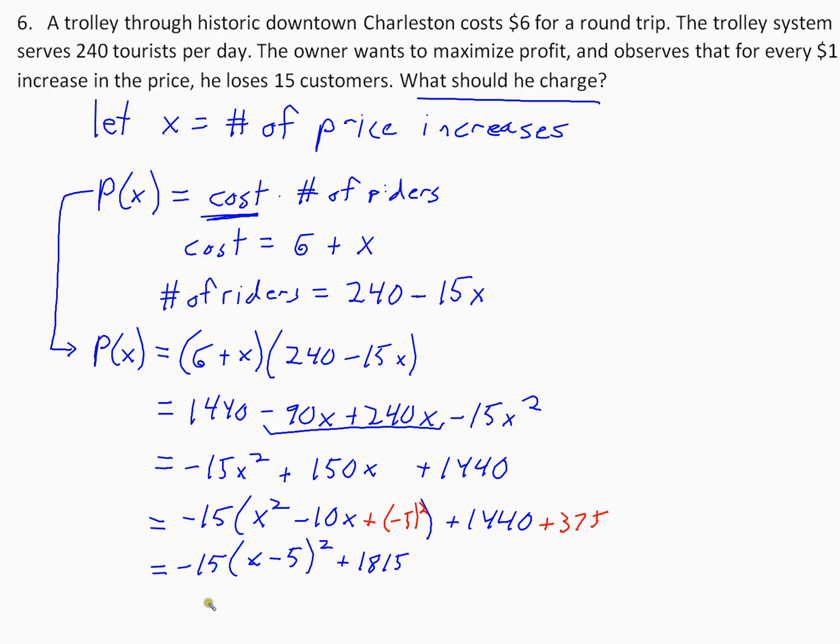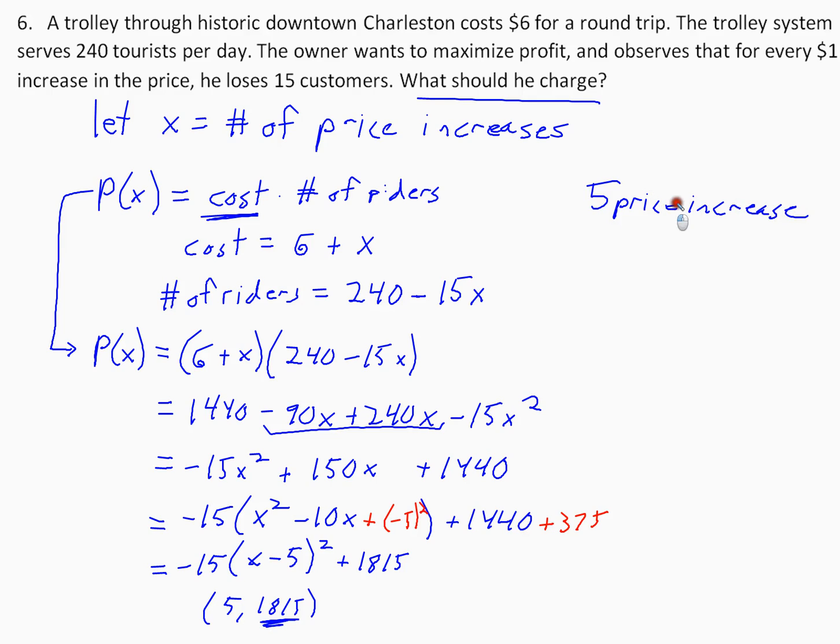And our vertex is (5, 1815). So this is our x, which is the number of price increases. So we want 5 price increases. And our maximum profit, which it doesn't ask, is 1,815.